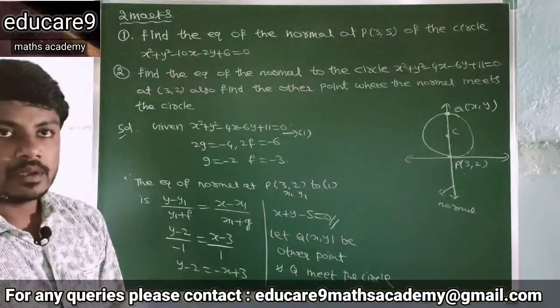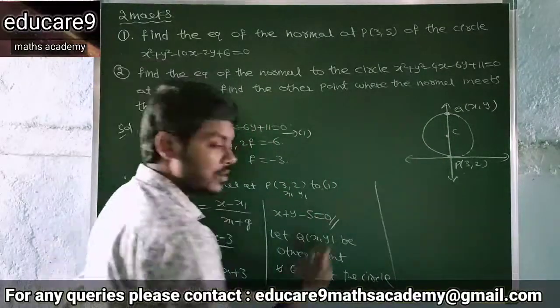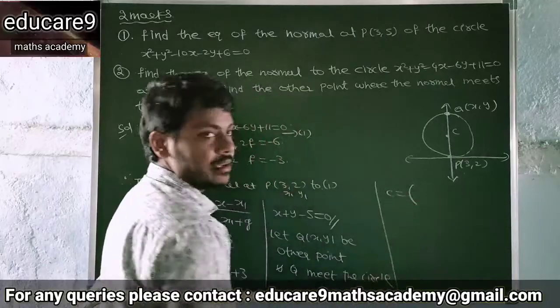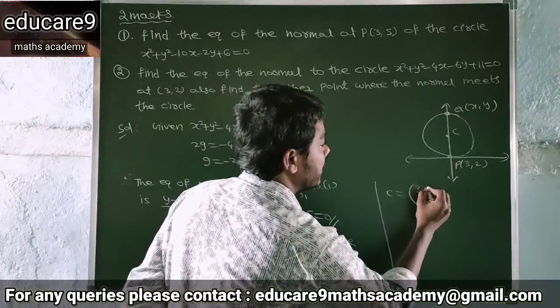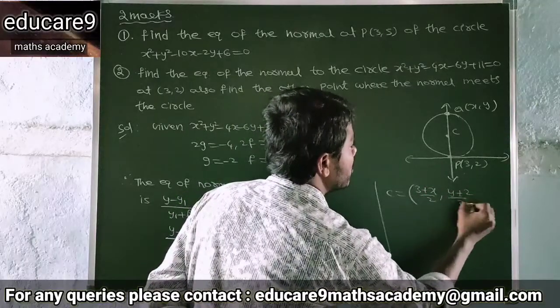Clearly the normal passes through the center of the circle. Therefore C is the midpoint of PQ, that is ((3 plus x) by 2, (y plus 2) by 2).